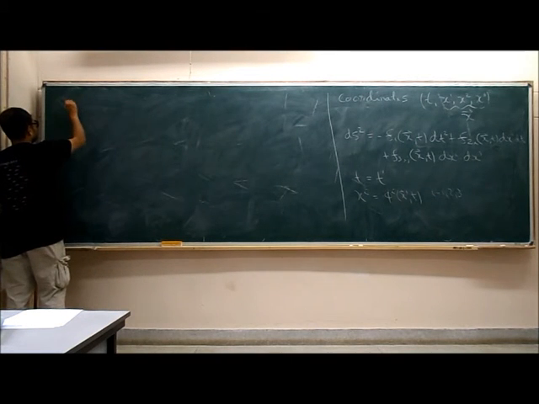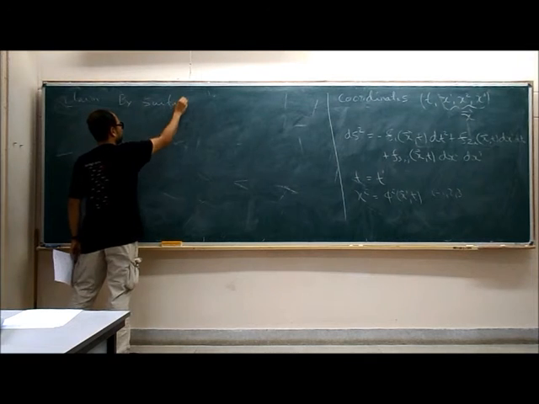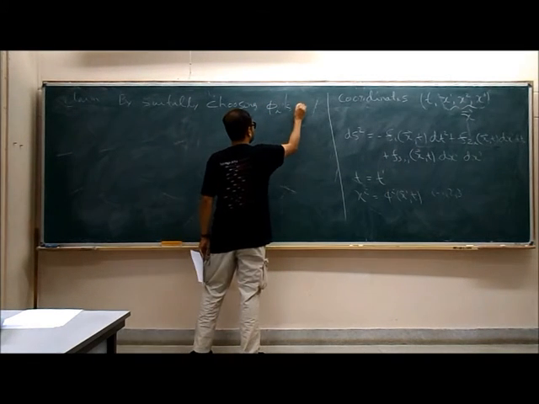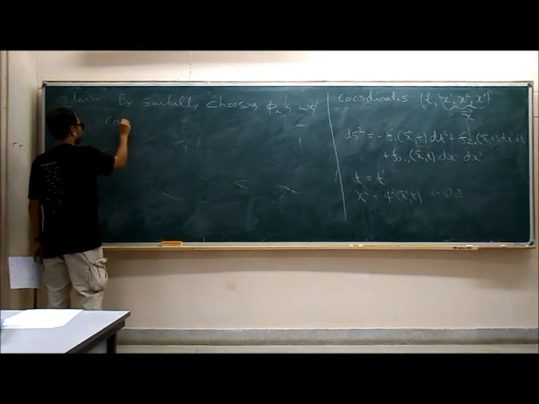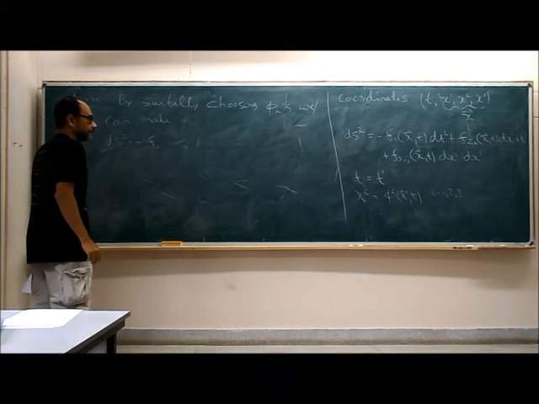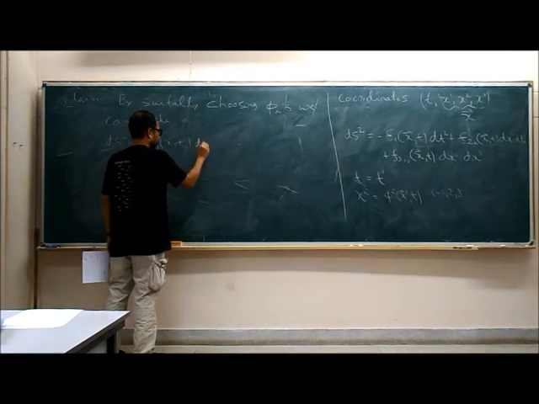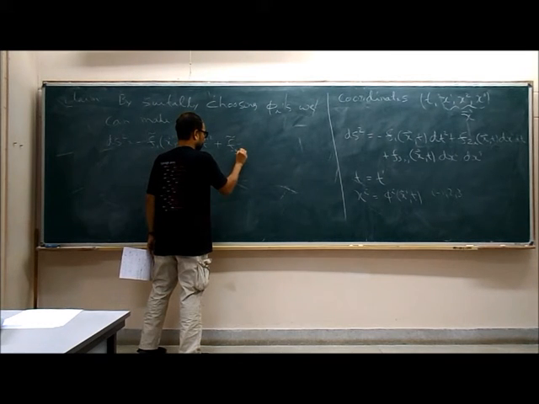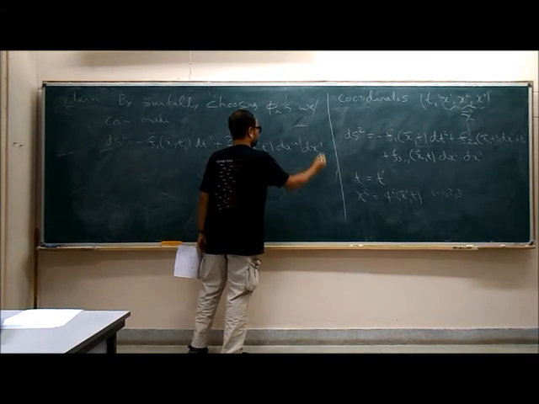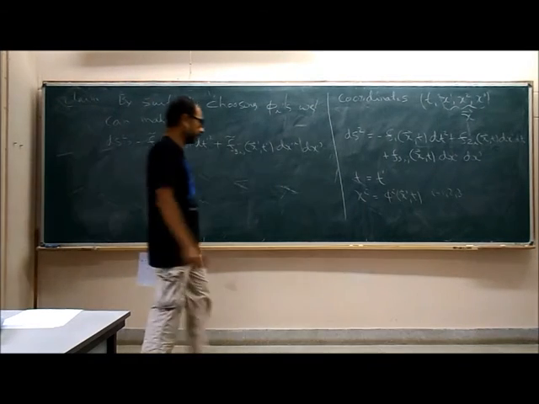So the claim is that by suitably choosing phi i, you can make the new functions vanish. t prime is the same as t, yes, but I have written t prime.